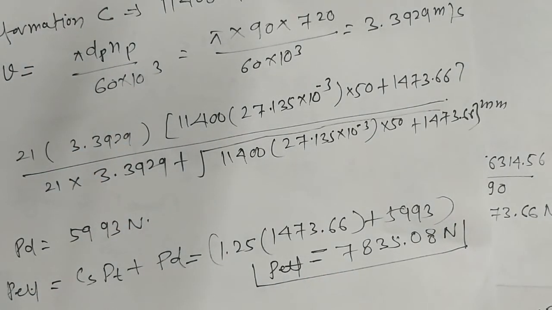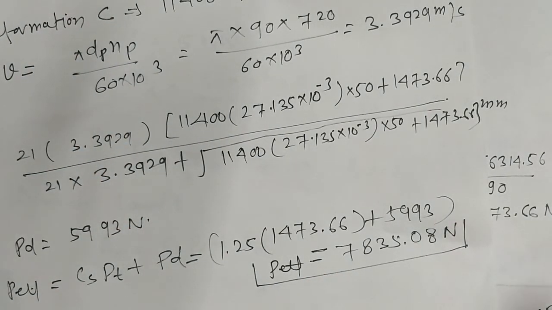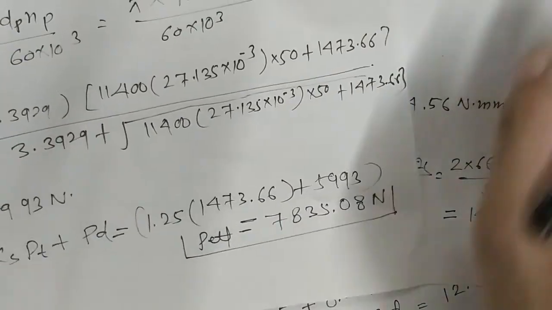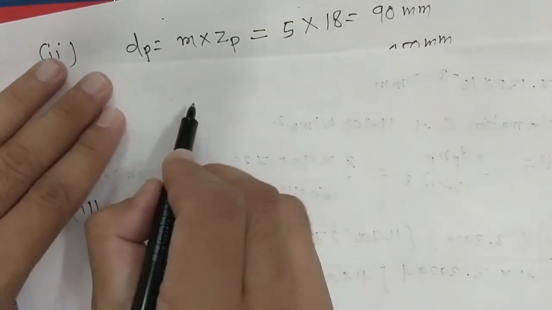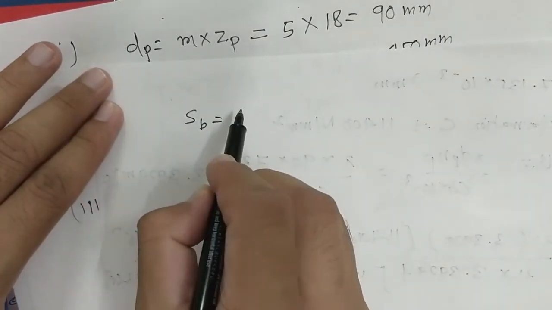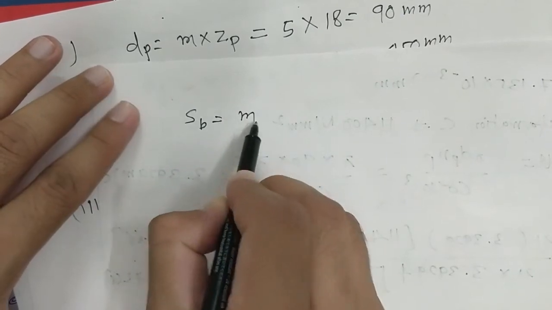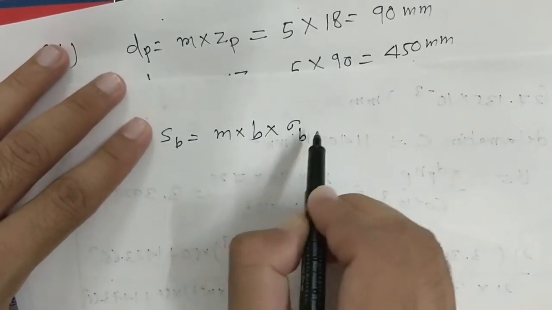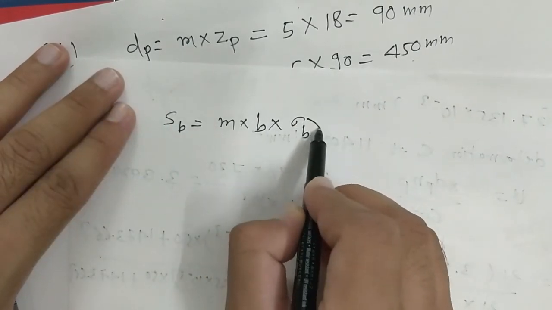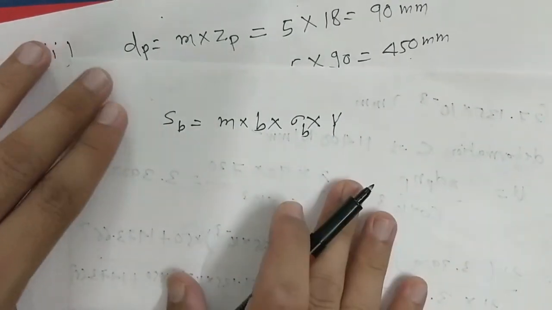So beam strength SB can be given by this formula: module multiplied by face width multiplied by sigma B multiplied by Lewis form factor.